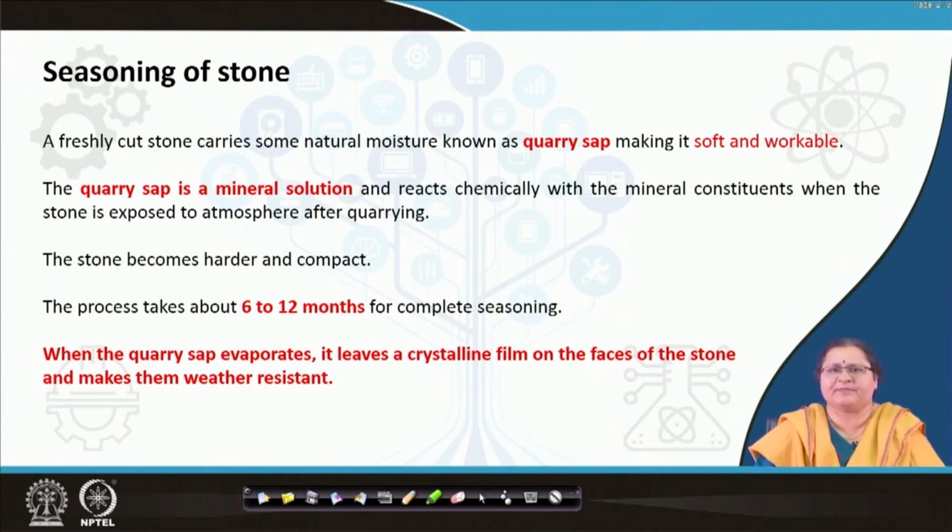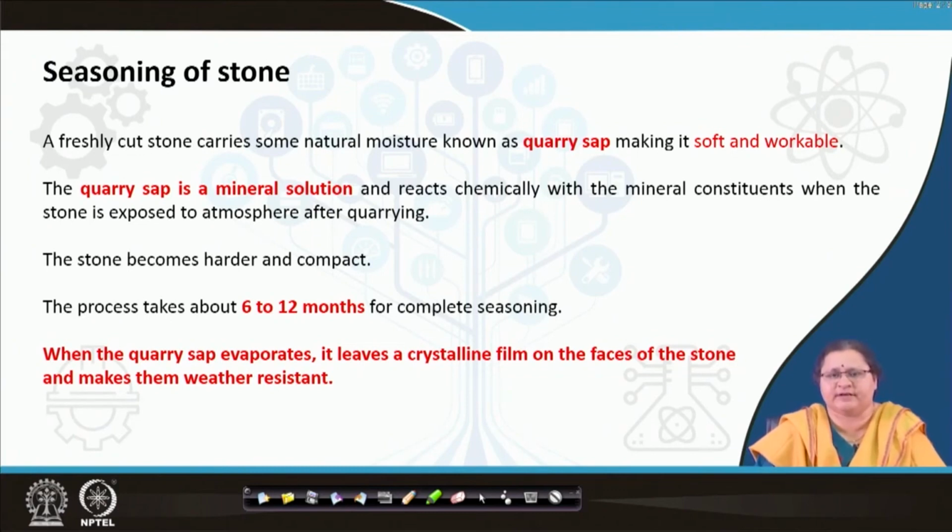Now, these are to be kept after working, maybe for 6 to 12 months for complete seasoning. So, whatever sap is coming out of it has to keep on coming out till this time, and actually this sap leaves a crystalline film on the faces of the stone and makes it weather resistant. So, the stone surfaces have to face weather when standing for say 100 years and even 1000 years.